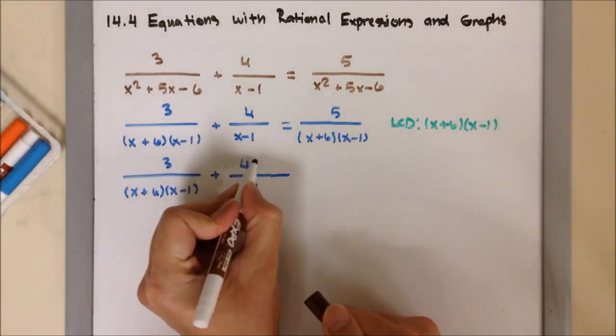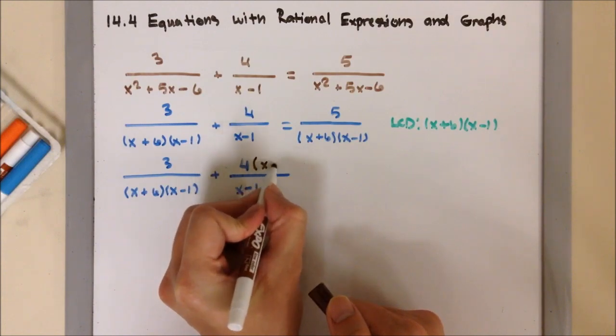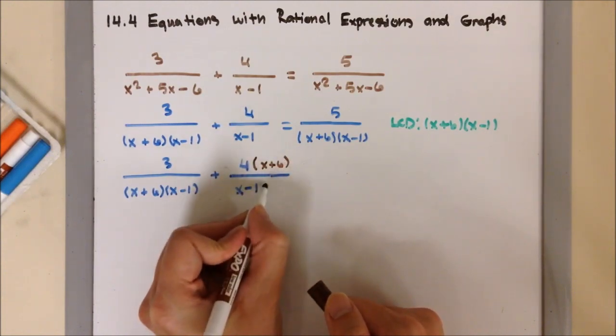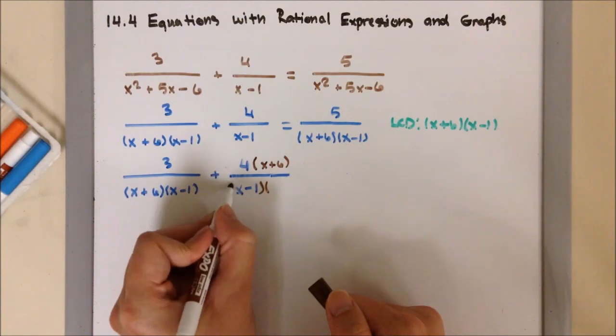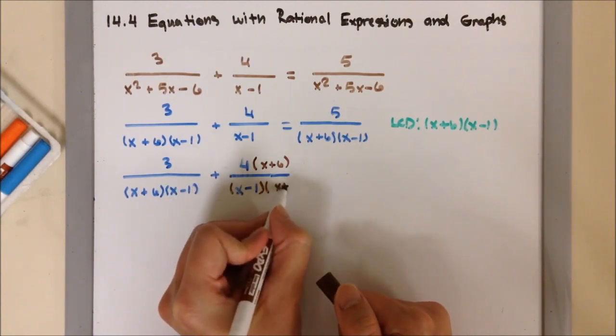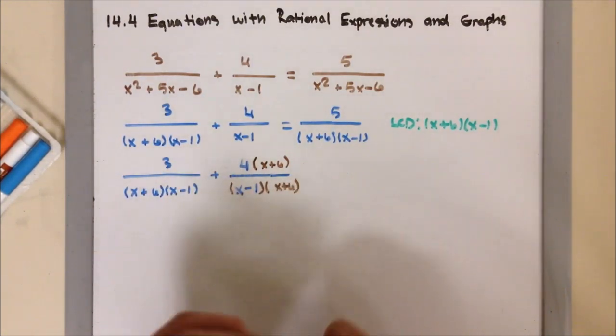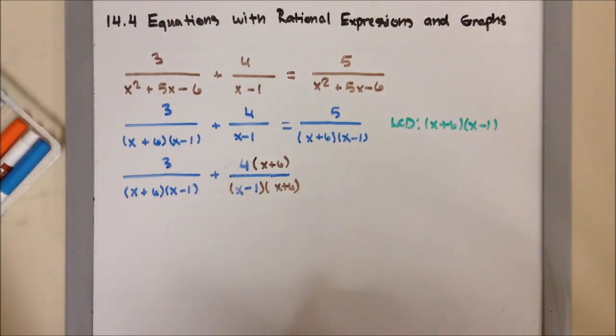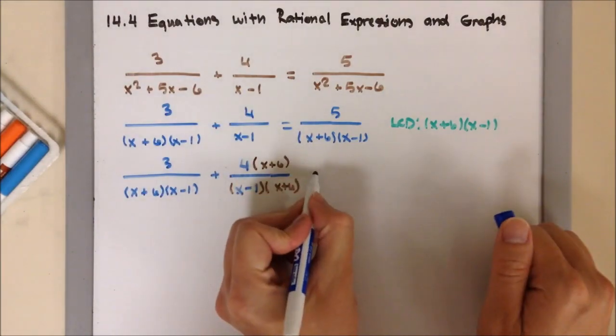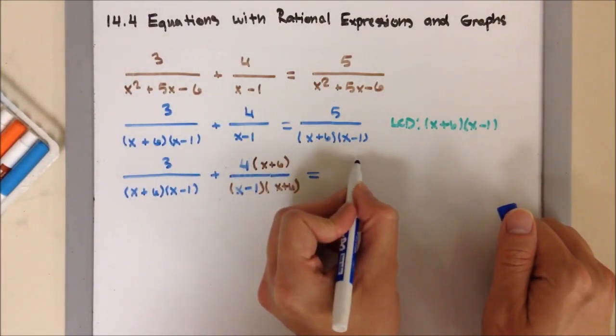So 4 times x plus 6, and then in the denominator, x minus 1 times x plus 6. And then the last fraction will stay the same because it has all the factors from the denominator.